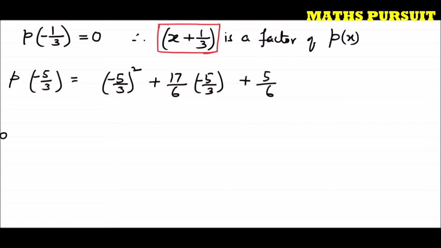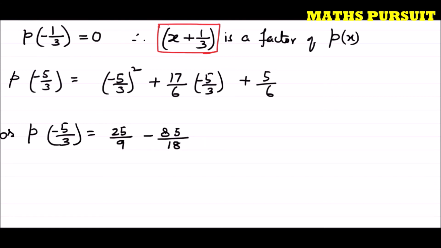Or I can write P(minus 5 upon 3) is equal to 5 5s are 25, because minus anyhow it is plus, so 25 divided by 9 plus, and here it will be negative, because minus into plus is minus, 5 7s are 35, 5 1s are 5, 6 85 divided by 18.